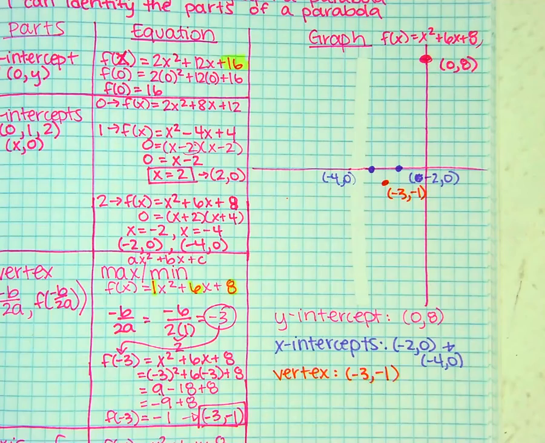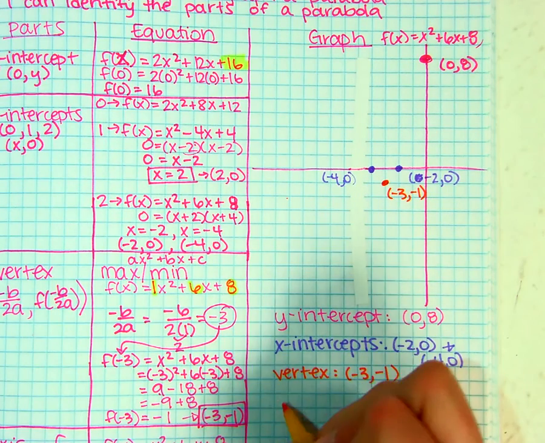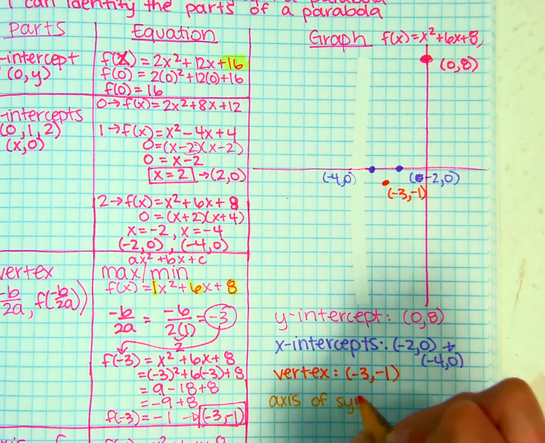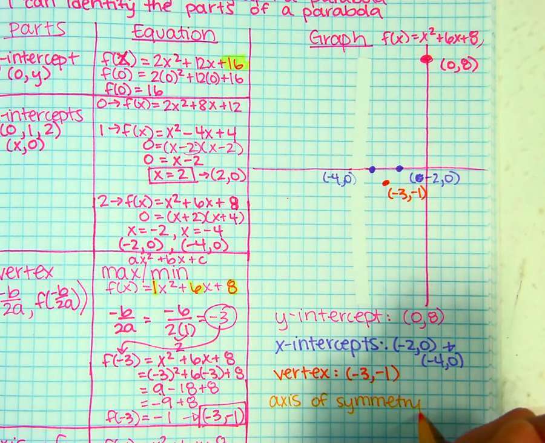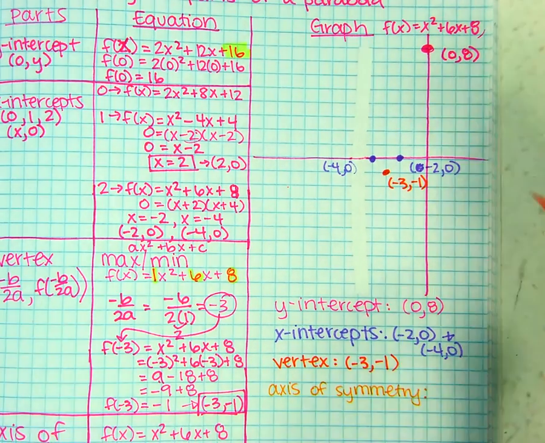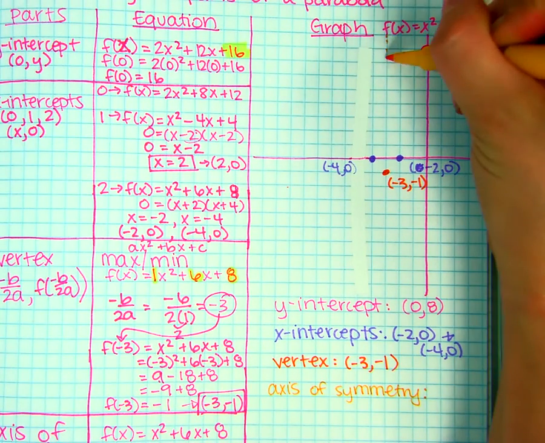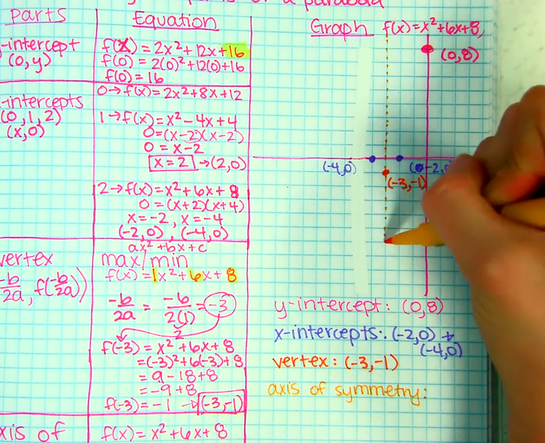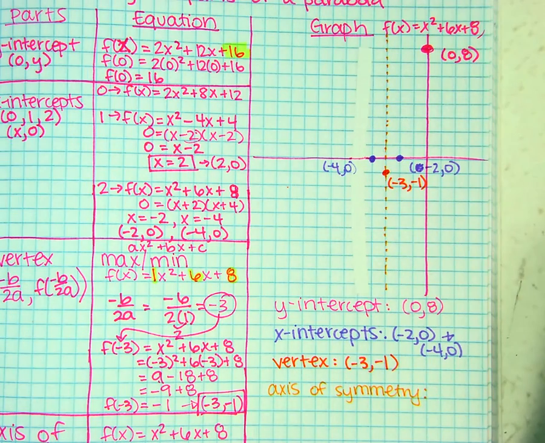Last but not least is our axis of symmetry. What this is, it's a line that goes straight through our vertex, and it makes it symmetrical.